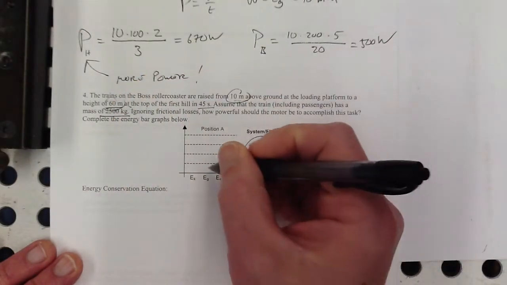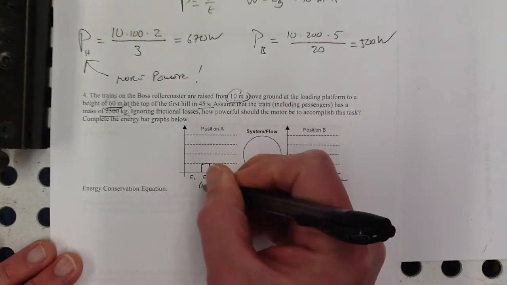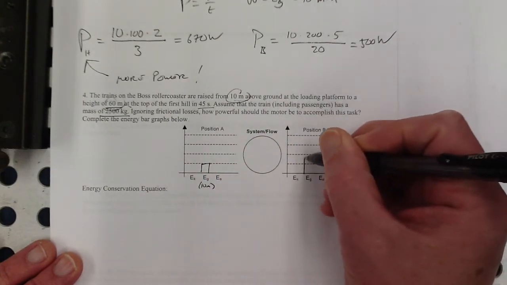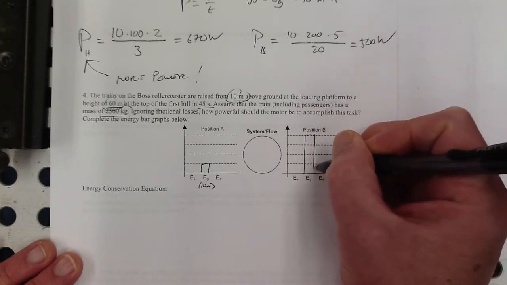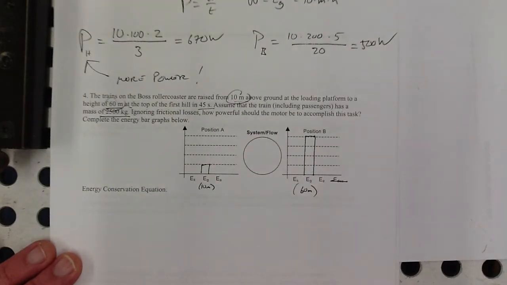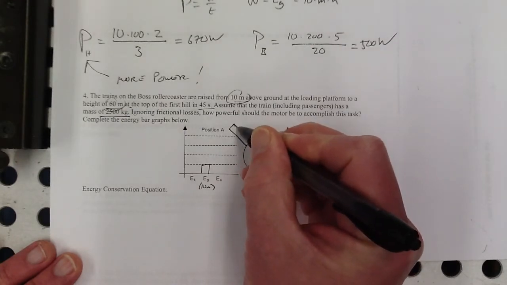So at the beginning, I've got a little bit of gravitational potential energy, like 10 meters worth, and then at the end I've got 60 meters worth. So where's the rest of this energy going to come from? Well, the motor is going to have to do the rest.